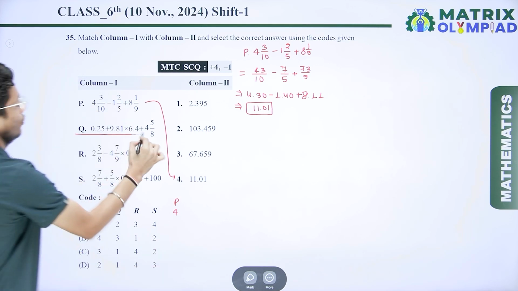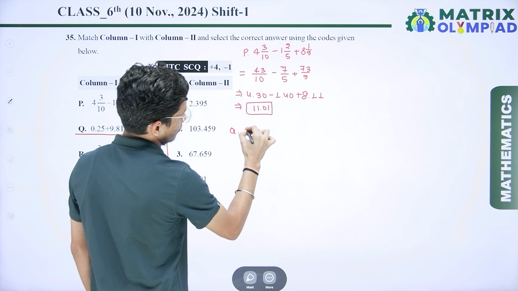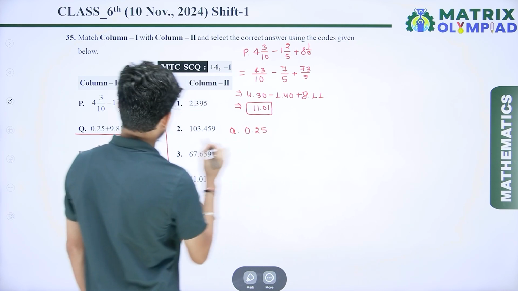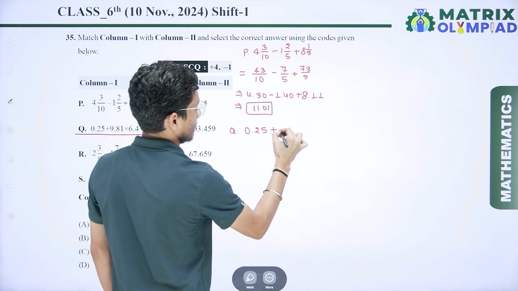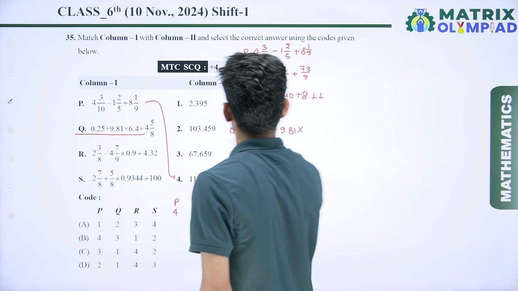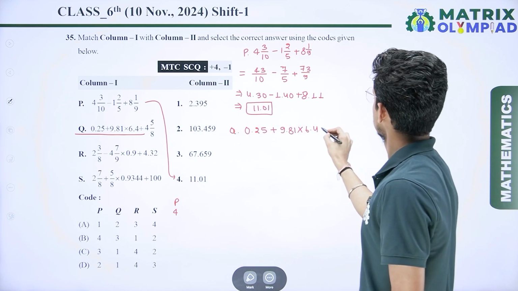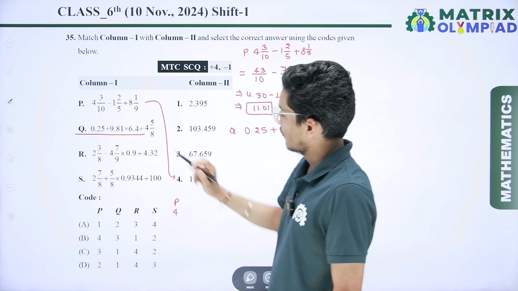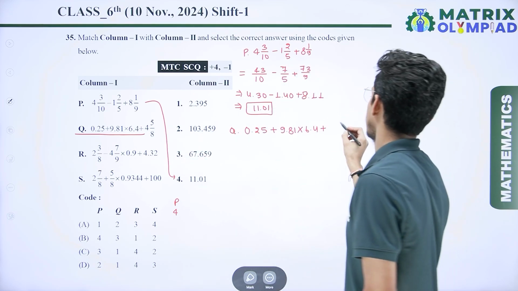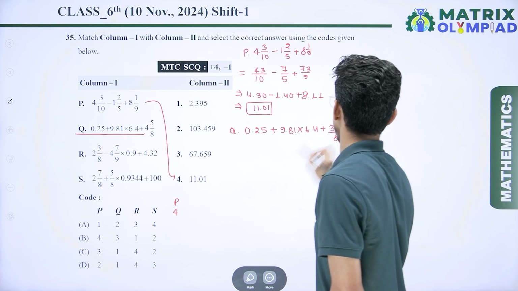So now if I solve Q, that is 0.25 plus 9.81 multiplied by 6.4 plus 37/8 (8 fours are 32, 32 plus 5 is 37).